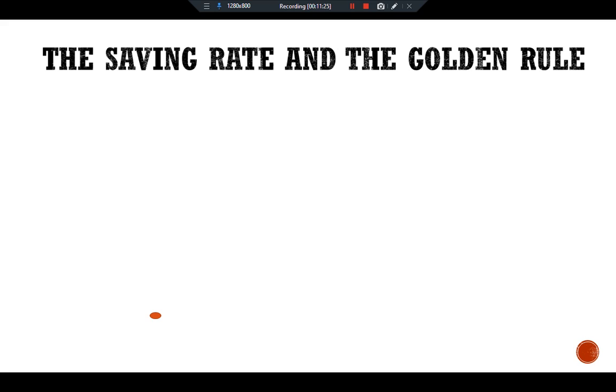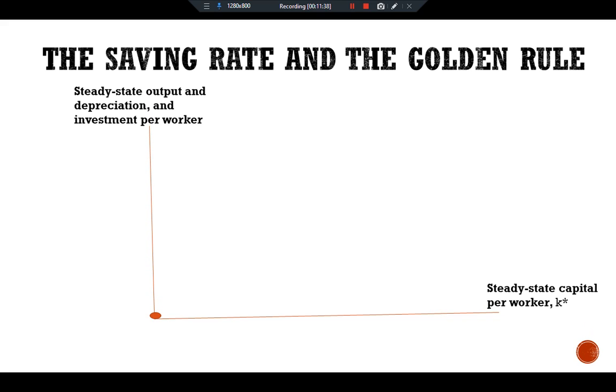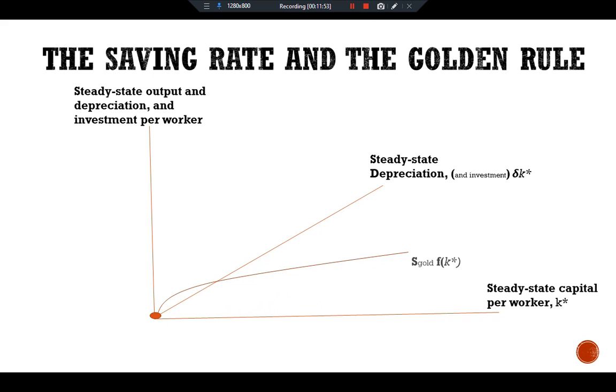So here we have the saving rate and the golden rule in graphical form. We have steady state capital per worker, K*, on the x-axis, and steady state output, depreciation and investment per worker on the y-axis. We have depreciation delta K*, saving, and steady state output F(K*).